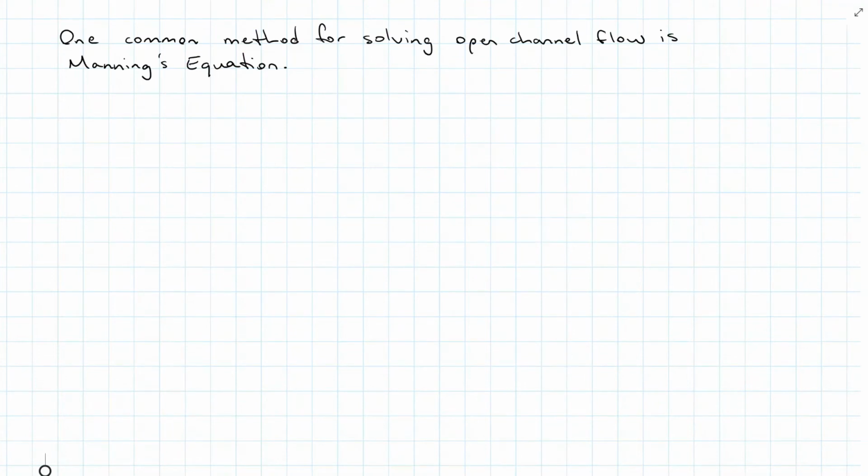One common method for solving open channel flow is Manning's equation. If you're using SI units, flow rate in Manning's equation is going to be 1 over n times area of the cross section times the hydraulic radius to the 2/3 power times the square root of the slope.